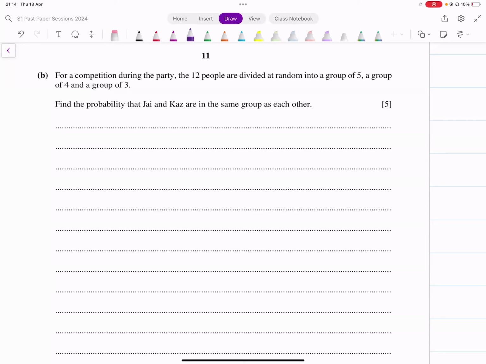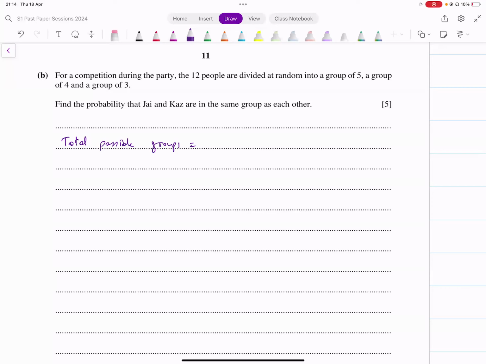Can we find that? The people are divided into a group of 5, 4, and 3. Total possible groups.